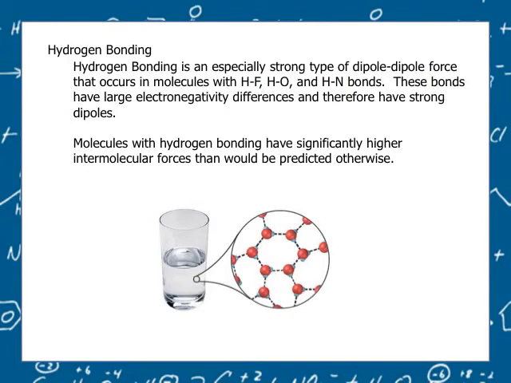So things with hydrogen bonding have significantly higher intermolecular forces than would otherwise be predicted. So we will spend a lot of time later talking about the special properties of water compared to similar substances, and that is because it has this extra special form of very strong polar bonds, and they're so much stronger that we give them a separate name, and it's referred to as hydrogen bonding. So you just need to look for the presence of these three bonds.